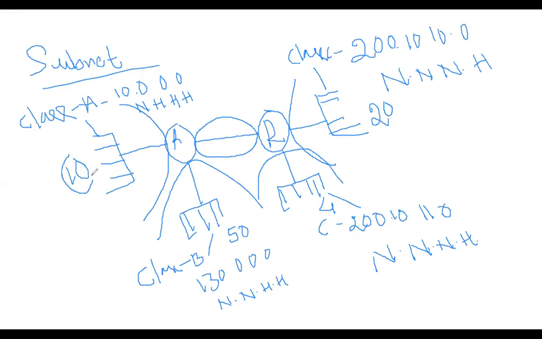Only 10 IPs are required for this many computers, only 20 for these, only 50 for these, and only 4 for these. So what about the remaining IPs? They are wasted. Many of the IPs are going to waste like this if you are using millions and trillions of them.